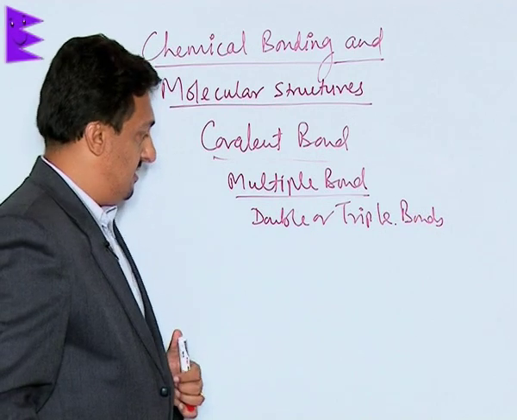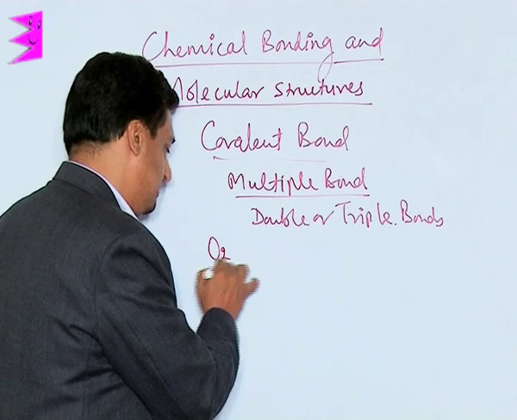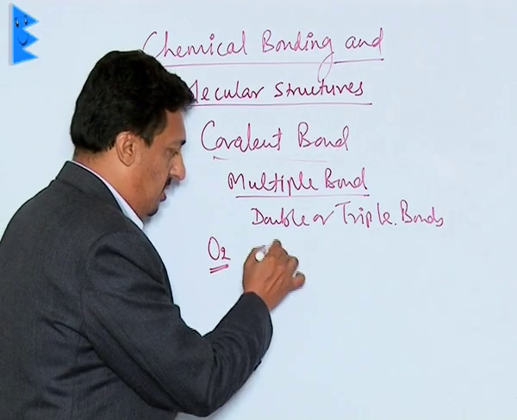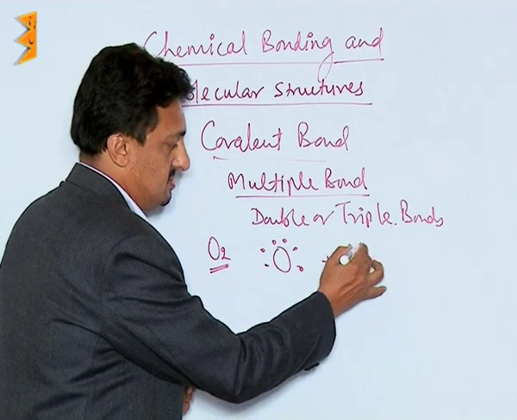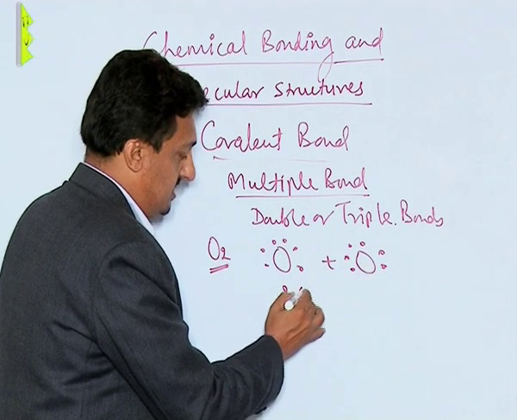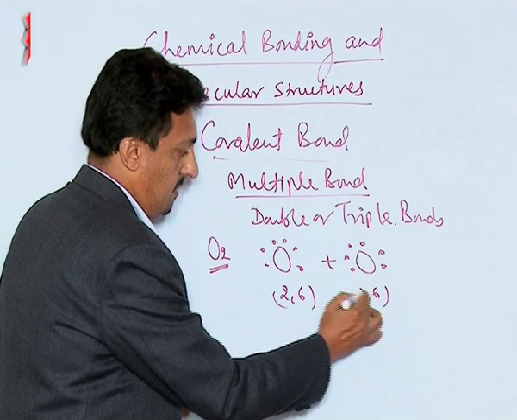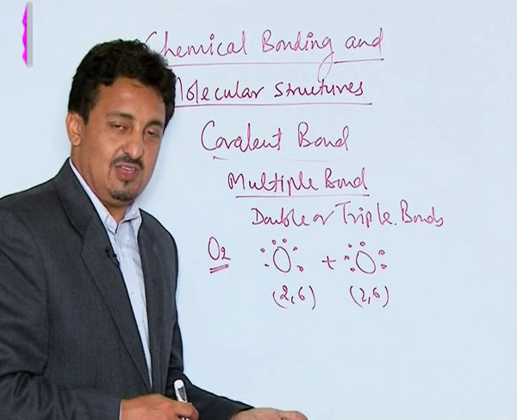So let us take the example of the double bond first. The most important and simplest example we can take is the oxygen molecule. See, each oxygen has 6 valence electrons. It's 2, 6, 2, 6. Now, they both need 2 electrons to complete their octet.